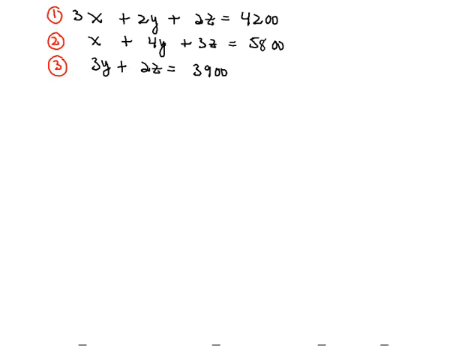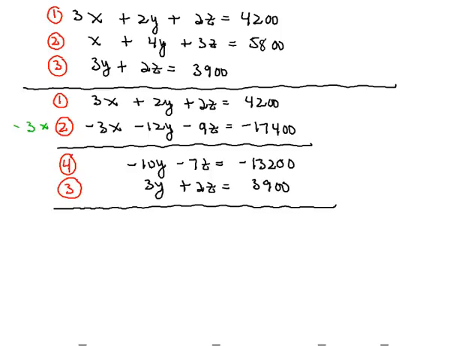Now you notice that equation 3 contains only the variables y and z. So it should seem reasonable that our strategy will be to eliminate the x variable using equations 1 and 2, and then use that equation that results in conjunction with equation 3 to solve for y and z. So to do that, we'll first multiply equation 2 by negative 3, then add it to equation 1.